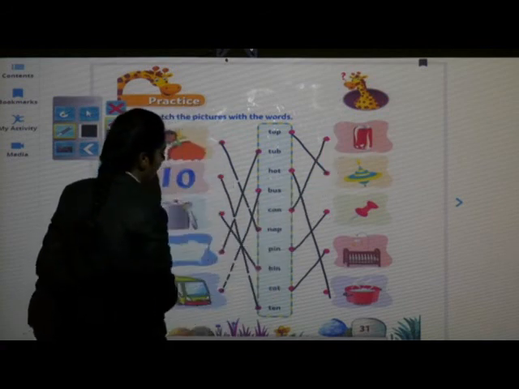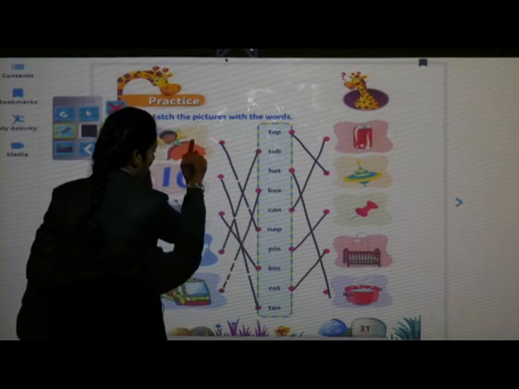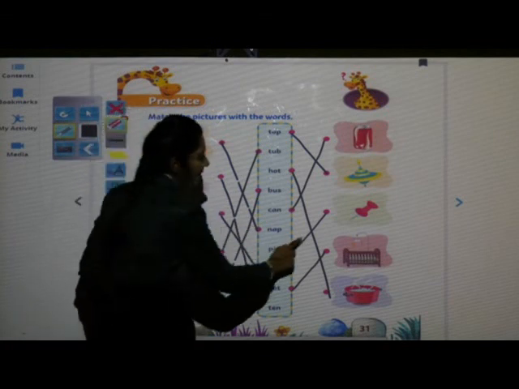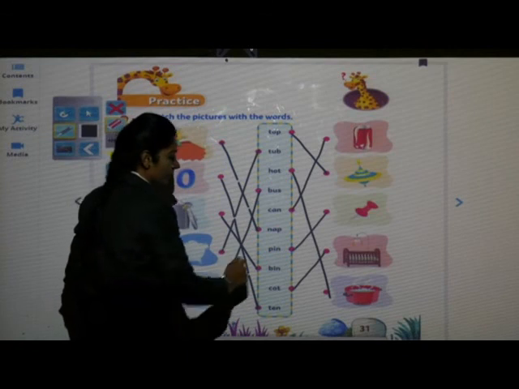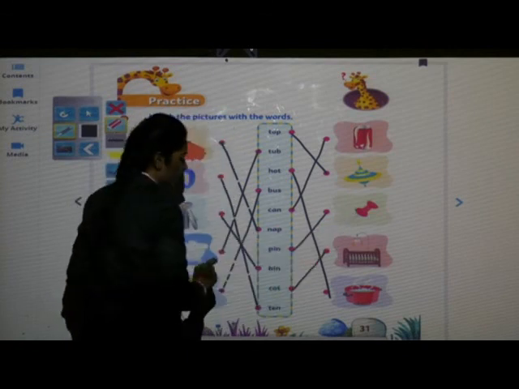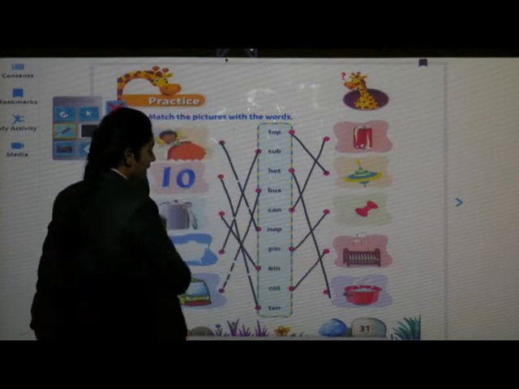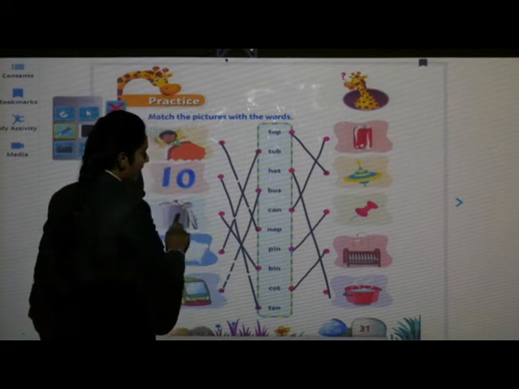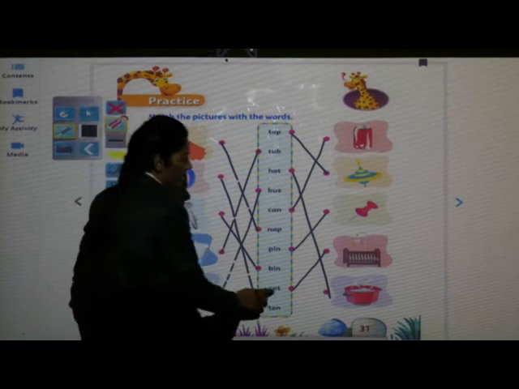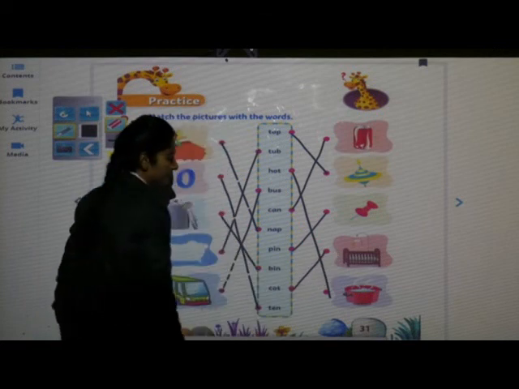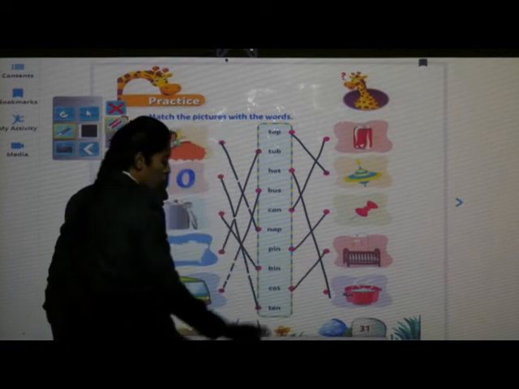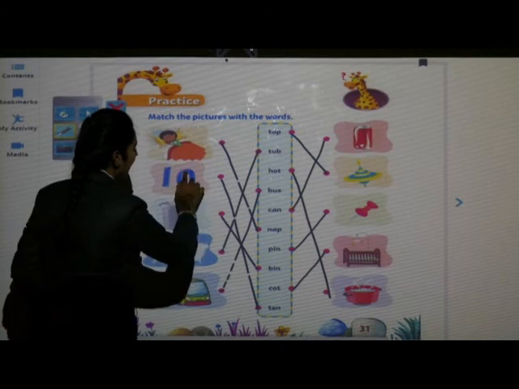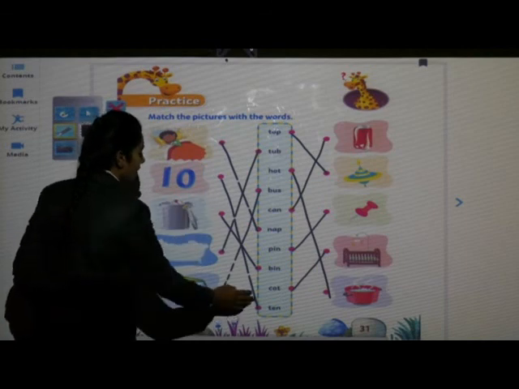N-A-P nap, P-I-N pin, B-I-N bin, C-O-T cot, T-E-N 10.